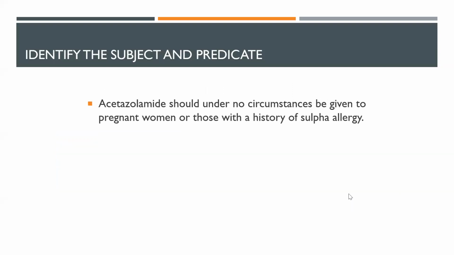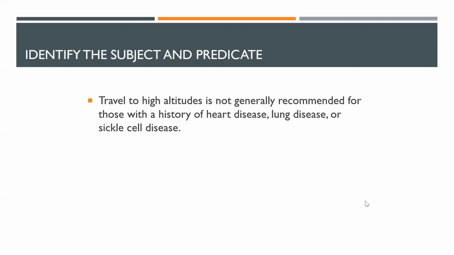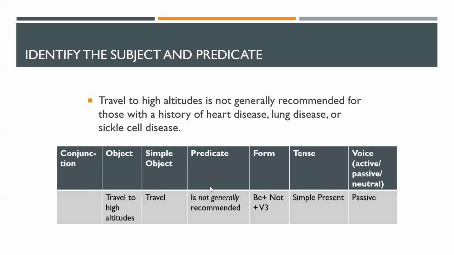Okay, the next one is you can also have modal plus be plus verb 3 like this. If the modal is in verb 1, the tense is simple present. If you have the combination between be plus verb 3, it will be passive. This also has a similarity.